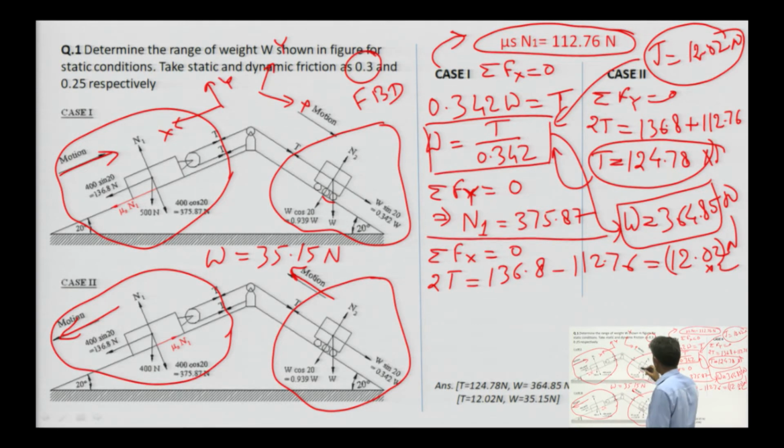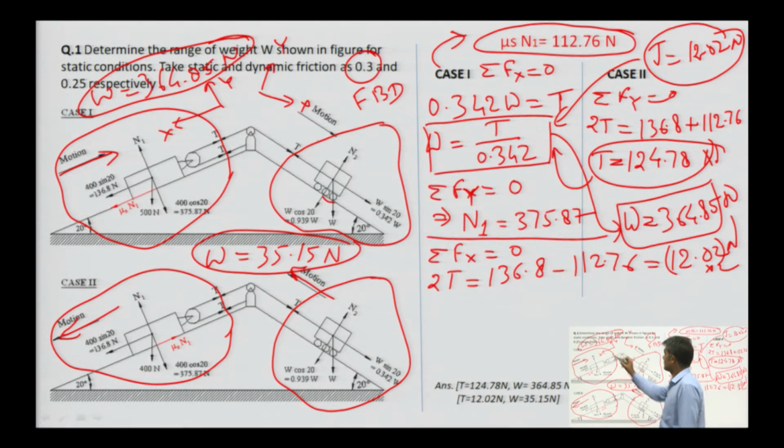For case 1 we calculated W equal to 364.85 Newton. So this is the minimum value of W and this is the maximum value of W. Within this range of the weight of the trolley, there will not be any motion.